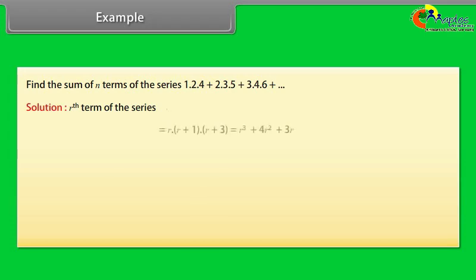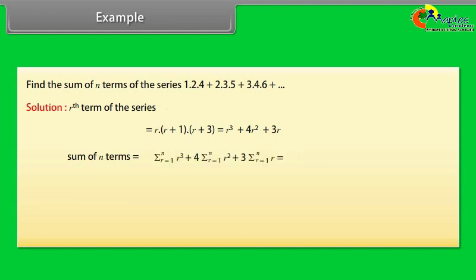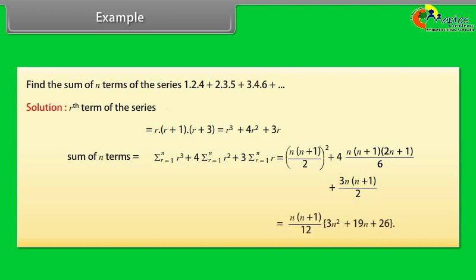The rth term of the series is equal to sum of n terms equal to summation from r equals 1 to n of r cube plus 4 times summation from r equals 1 to n of r square plus 3 times summation from r equals 1 to n of r, which is equal to... On solving, we get n into n plus 1 by 12 multiplied by 3n square plus 19n plus 26.